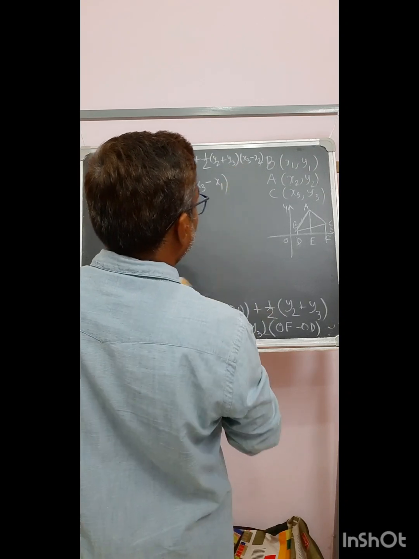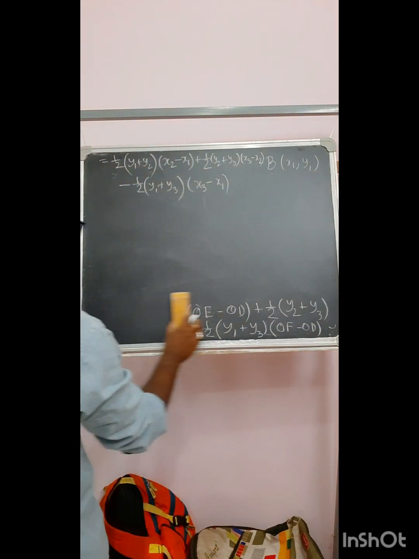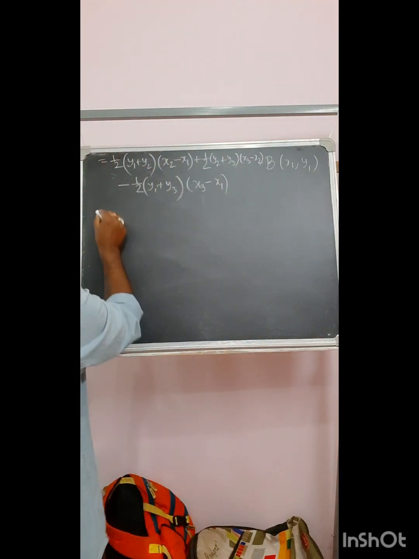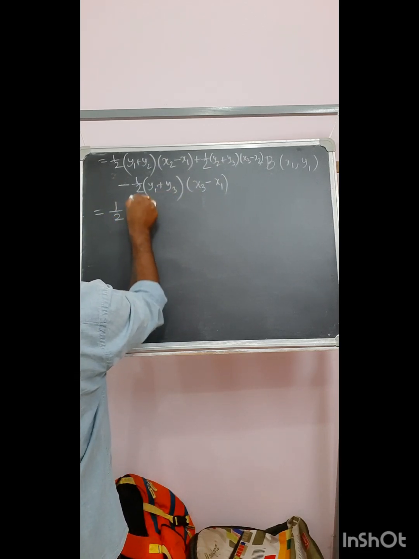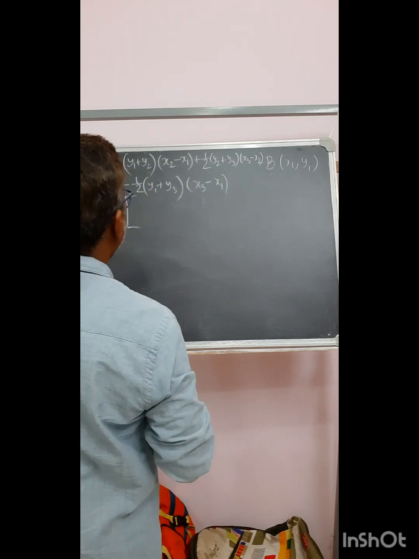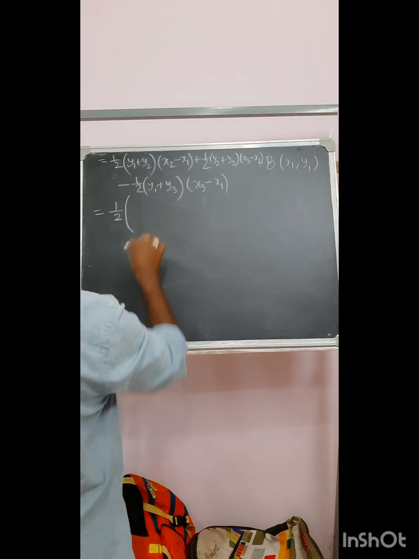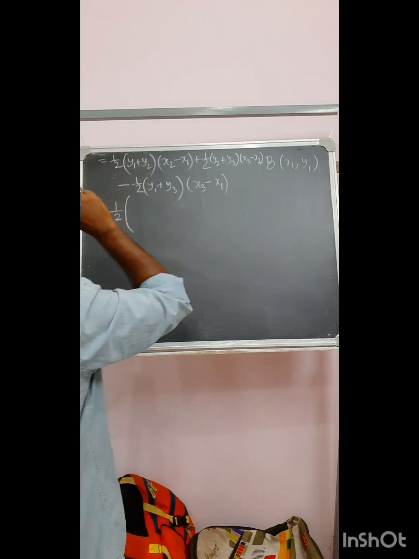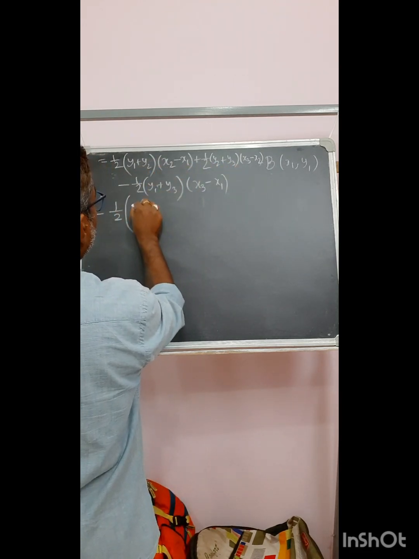So this completes the thing. Now it will come to the final calculation. As half is common everywhere, I will take out half. Now I will put everything under a single bracket. I will calculate one by one.